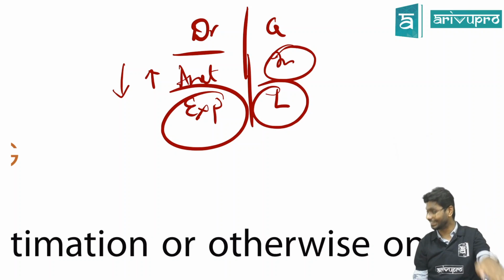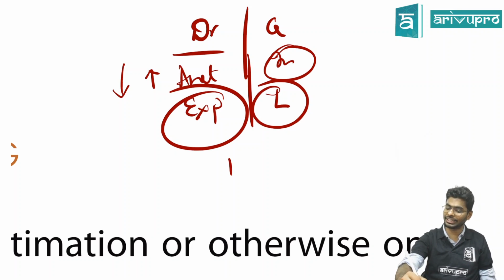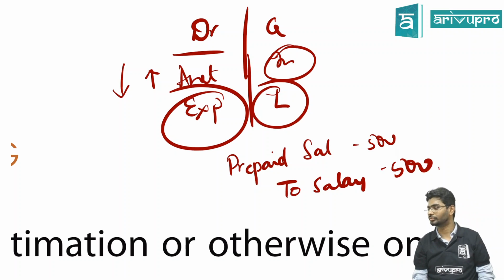You are crediting it. What are you going to debit? Prepaid salary is an asset to me. Asset should be debited or credited? So your journal entry becomes prepaid salary account debited to salary account. Understood?